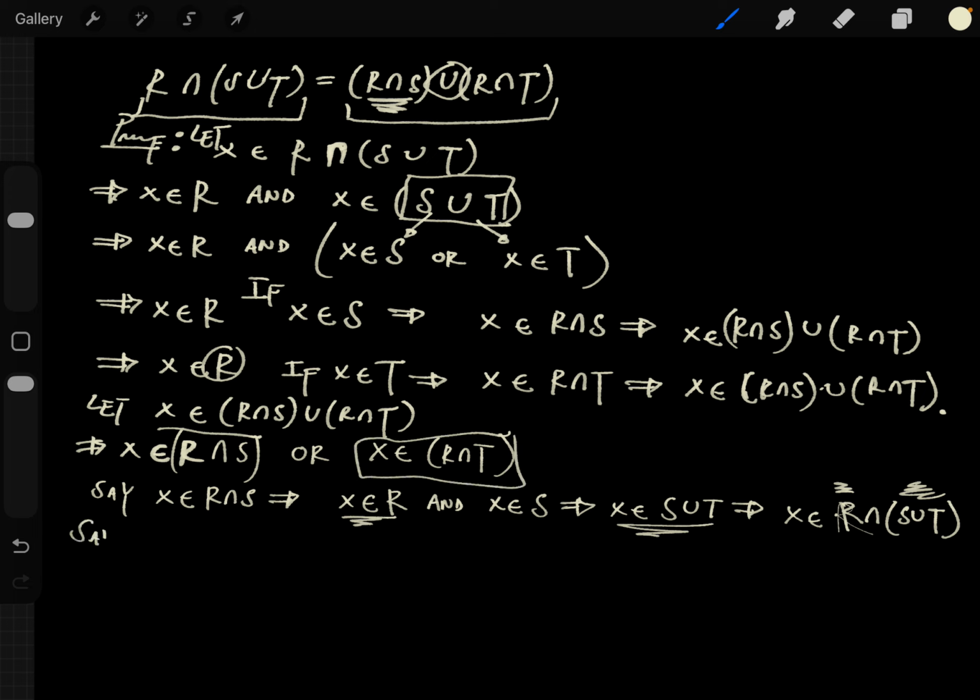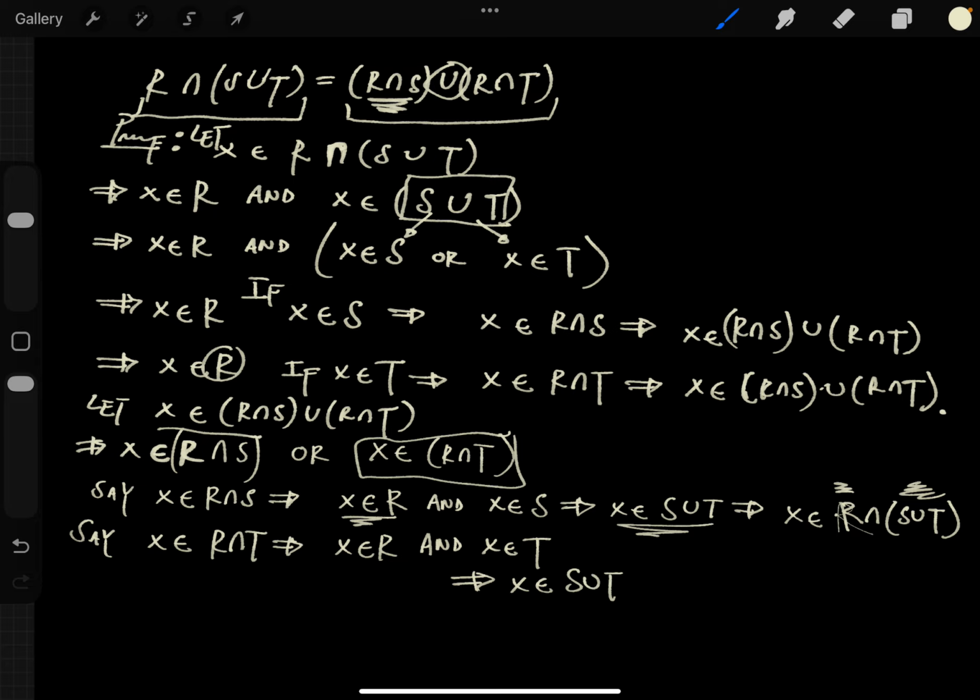So say, right, X is in R intersect T. Well then, X is in R again for sure, and X is in T. But this part implies that X must be in S union T. And then since it's in S union T and it's in R, X is in R intersect S union T. And now I've shown that if I let X be in here, then it's in here.